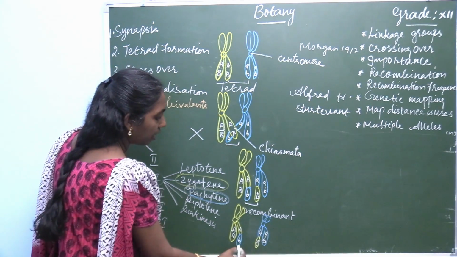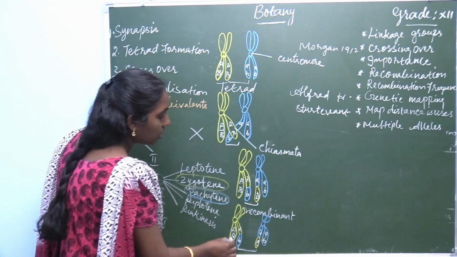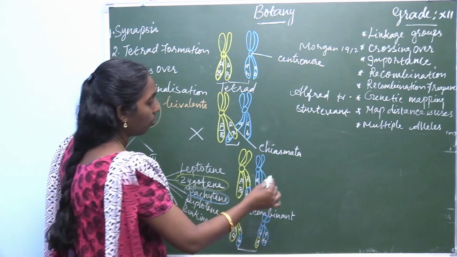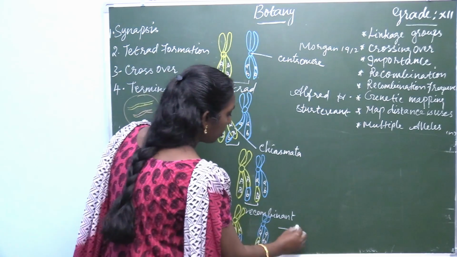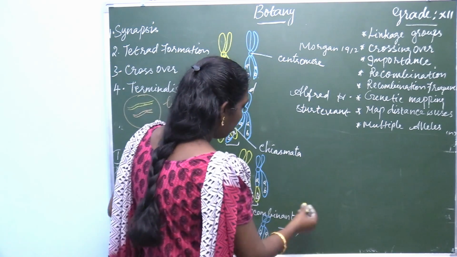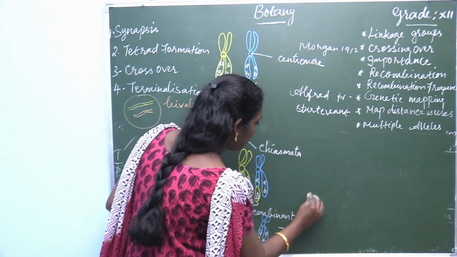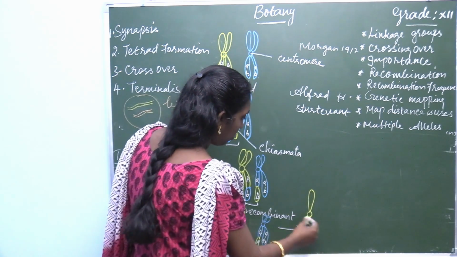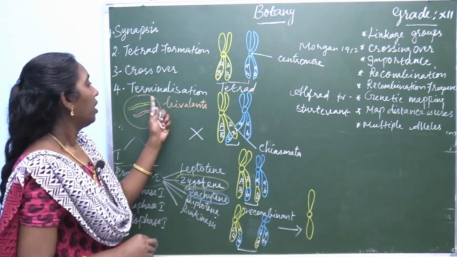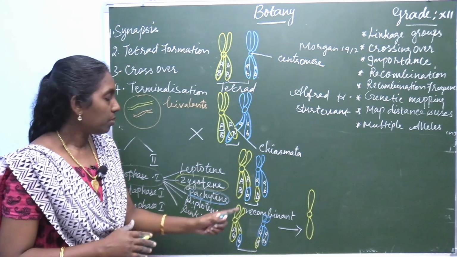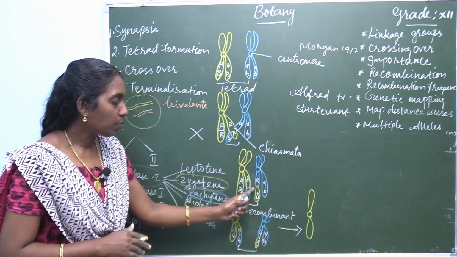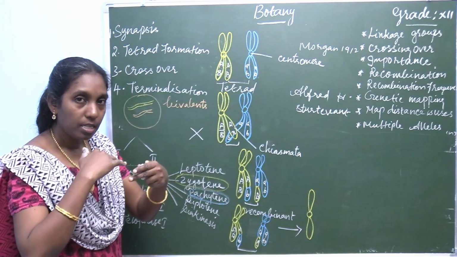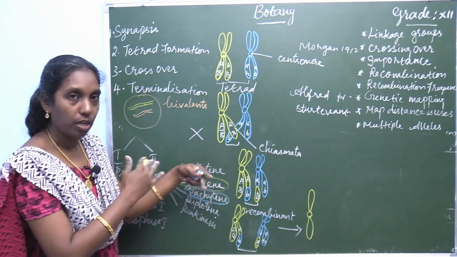These two are recombinant and these two resemble the parent. In terminalization, at the region of chiasmata, the segments break and exchange during crossing over.